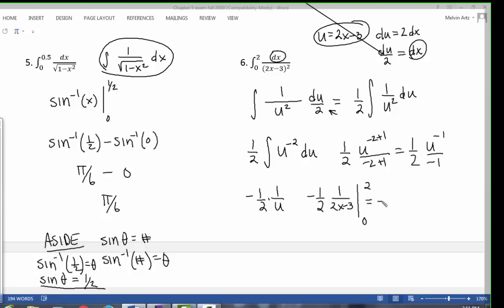So we have negative 1/2. First we're going to plug in 2 for our x here. So we'd have 2 times 2 is 4, minus 3 is 1, minus, now we plug in 0. So we'd have 1 all over 2 times 0 minus 3.